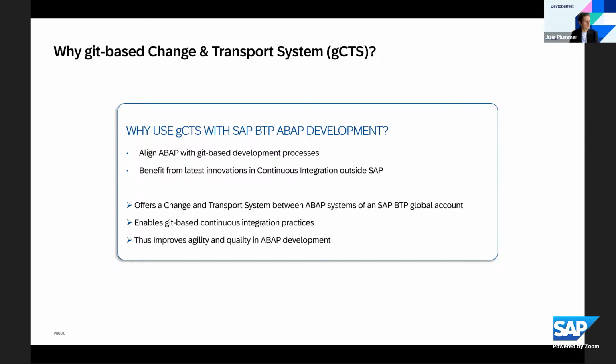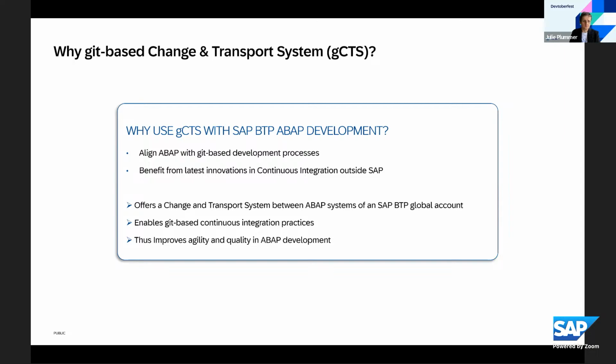If you're an ABAP developer, you can align your ABAP and your non-ABAP development processes. You can integrate things like ATC or ABAP unit in your Git pipeline. And you can benefit from some of the latest innovations from third-party providers of Git-based or Jenkins-based services.